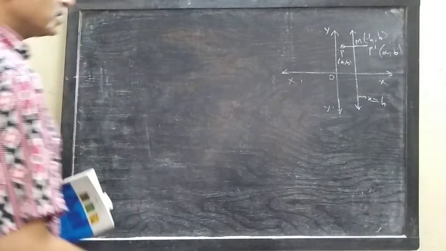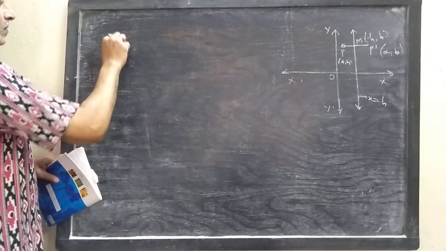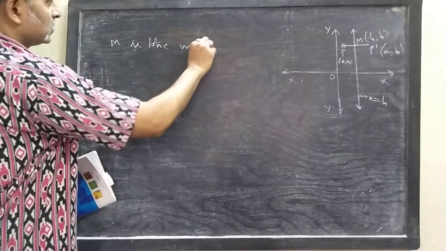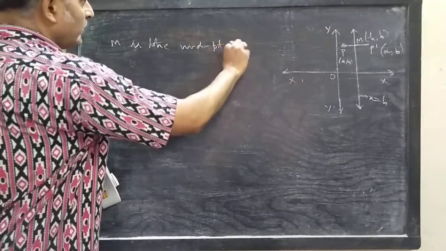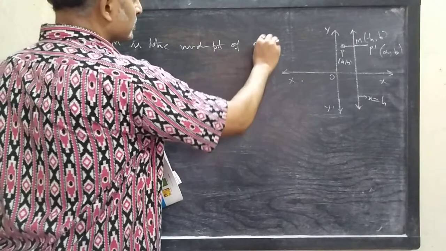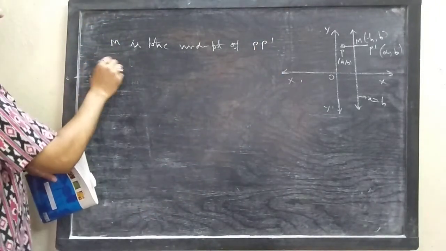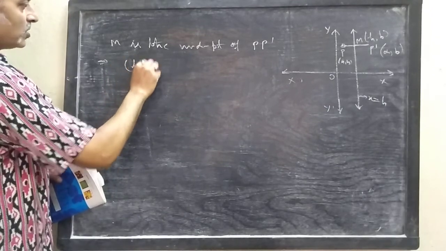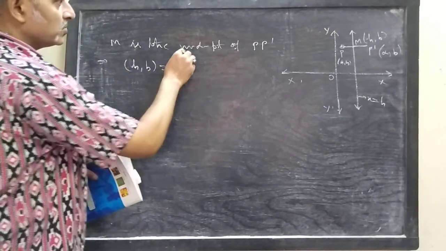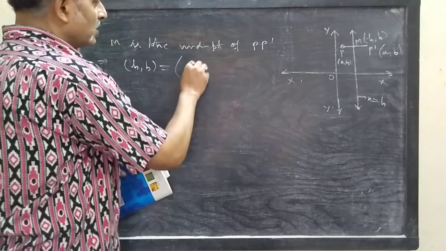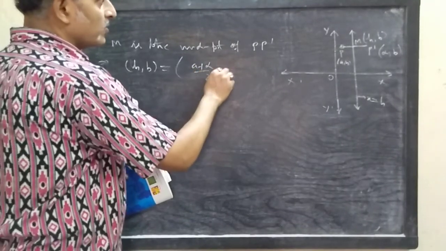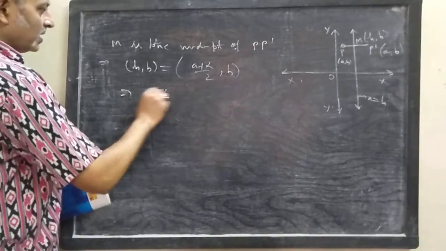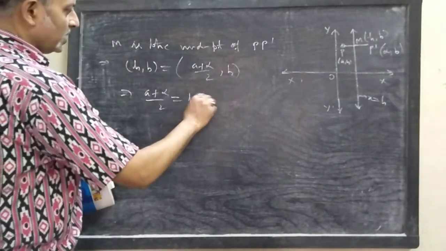Now in the same way, M is the midpoint of P P dash. That means coordinate of M is h comma b, which equals midpoint formula a plus alpha by 2 comma b. That implies you get a plus alpha by 2 equals to h.